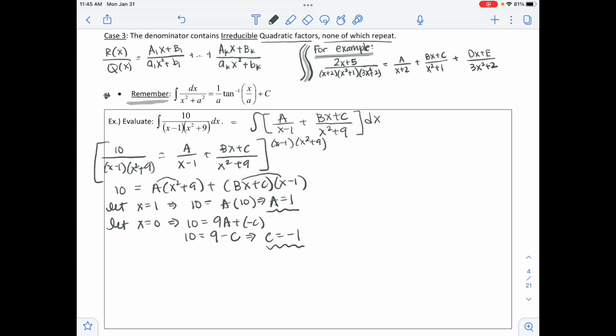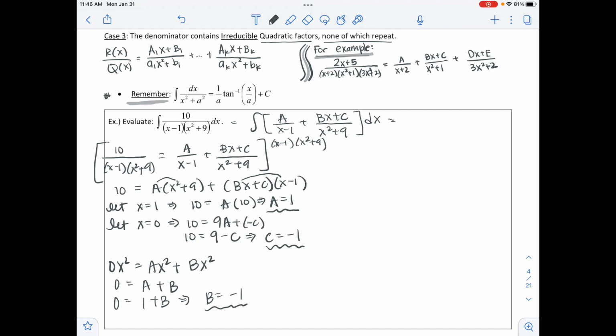So that means that my left hand side would have 0x squared, since there isn't any of that term, equals ax squared plus bx squared. And again, I'm just looking at those terms that have an x squared in them on the left and the right side. Since they do have a variable of x squared, the left side and the right side do need to be equal to one another. We know that dividing everything through by x squared, we get a plus b is equal to 0. And we do know that a is equal to 1. So from here, we get b is equal to negative 1.